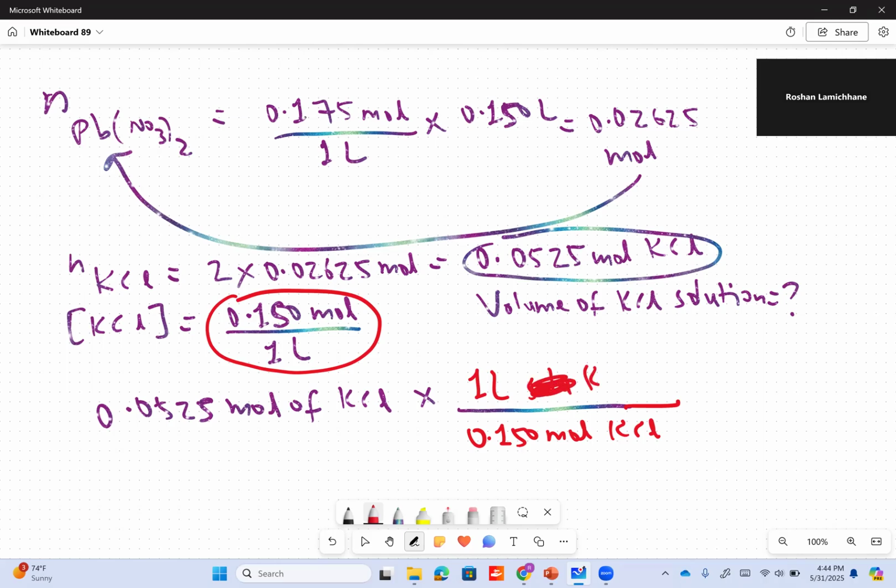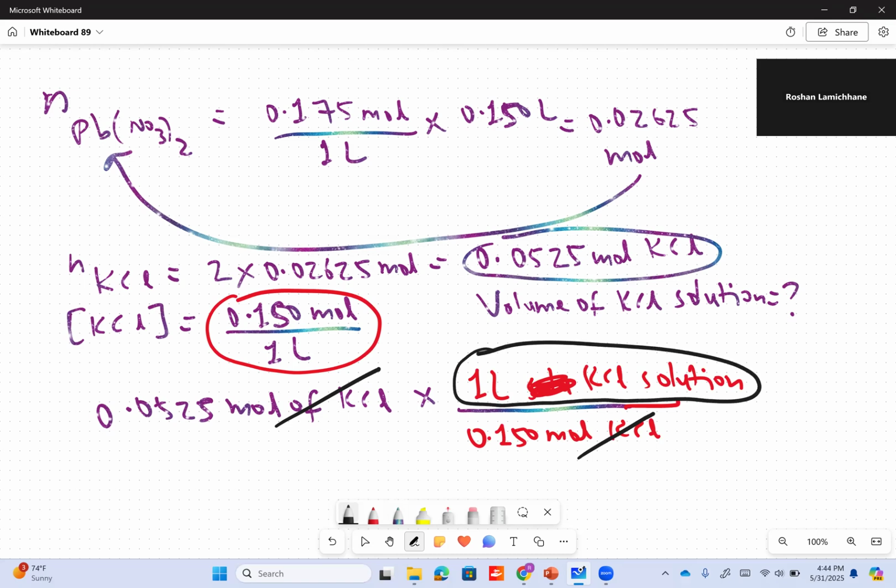Let's be explicit. If I set it up this way, my moles of KCl cancel out with the moles of KCl, and I'm left with the volume of KCl solution in liters. That's how I get my answer: 0.350 liters of KCl solution, to 3 significant figures.